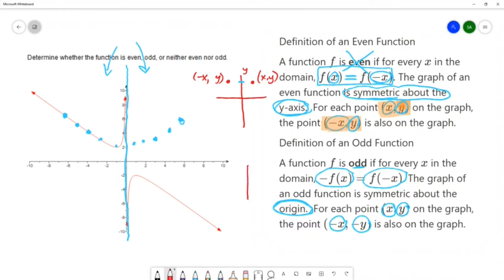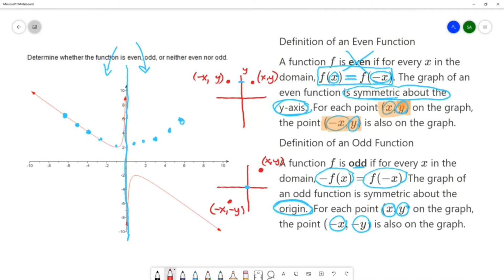So graphically, what that's saying is that your opposite quadrants, opposite over the origin, will have a mirror image. If you have a point in the upper right-hand quadrant that is x, y, and you have origin symmetry, you're going to have a mirror over the origin, and you have the opposite x value and the opposite y value.